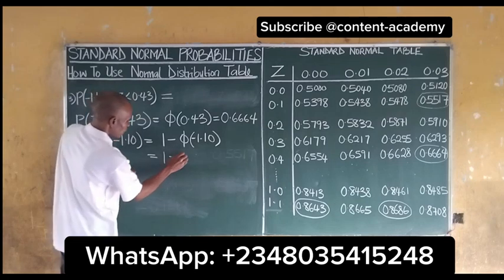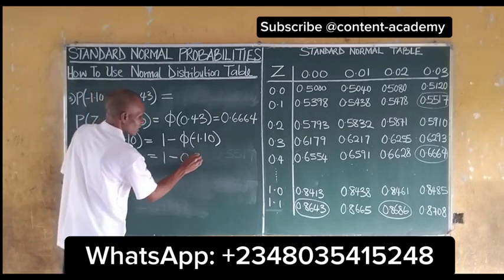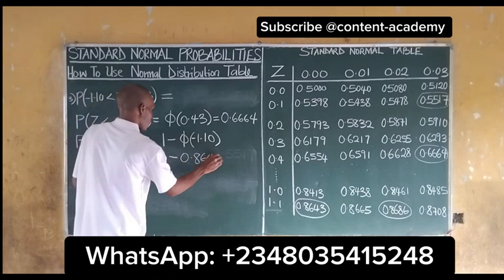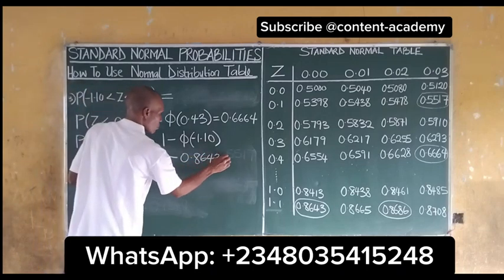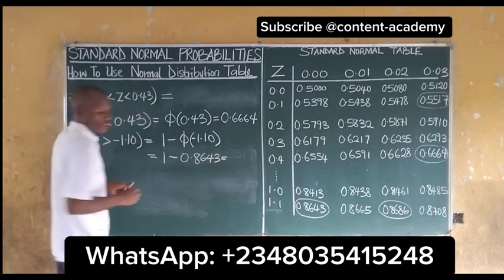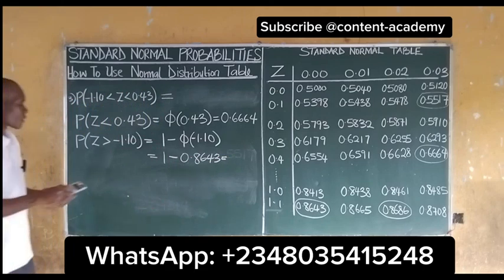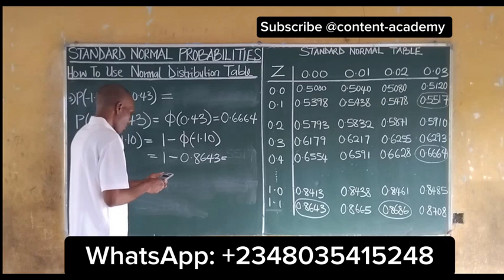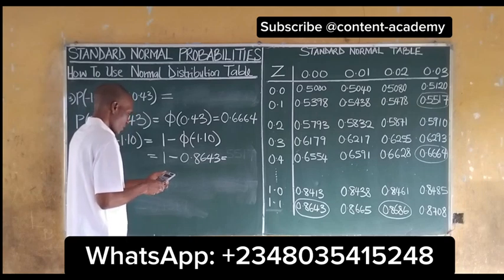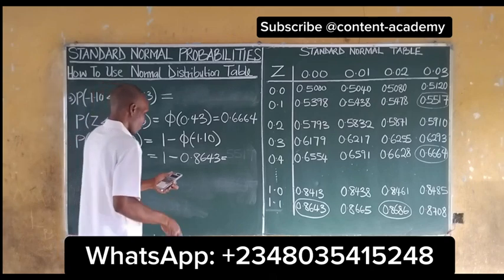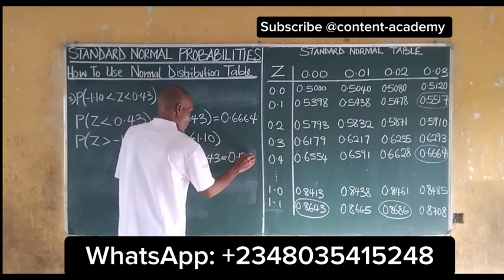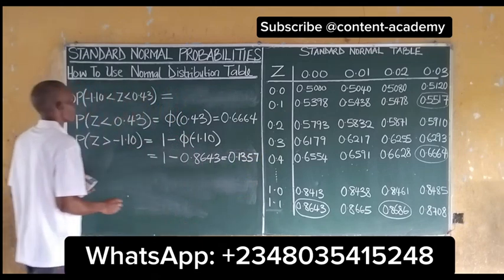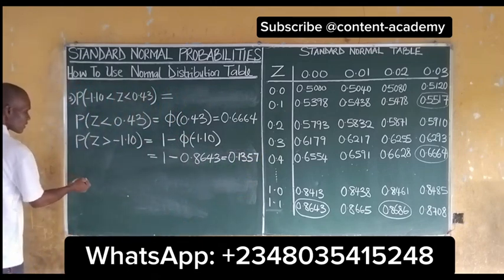So we have 0.8643. That is for this part, which is equal to 1 minus 0.8643. So we have 0.1357.